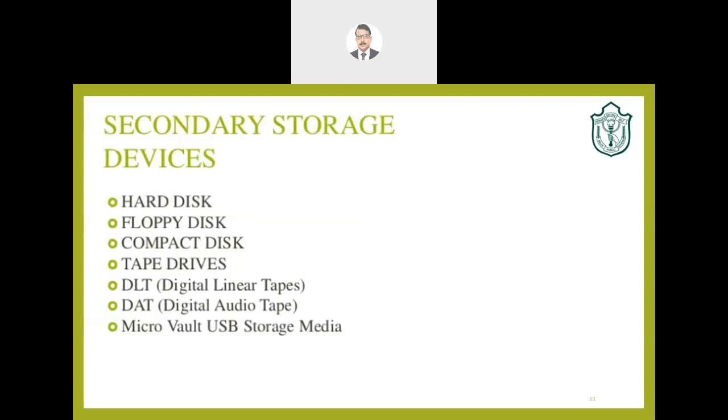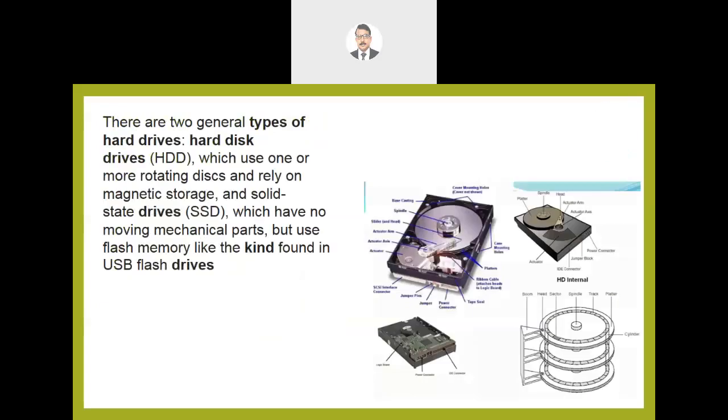Secondary storage devices are hard disk, floppy disk, which is not in use now, compact disc, CD or DVD, tape drives, cassettes, and DLT, digital linear tapes, DAT, digital audio tapes, micro vault USB storage device, your USB drive.